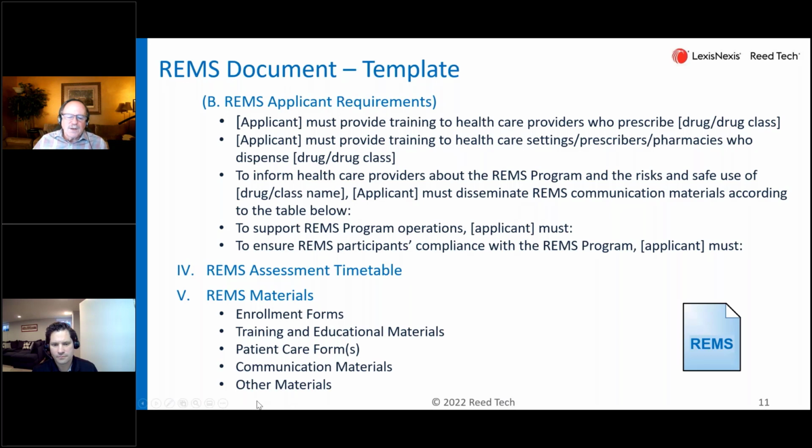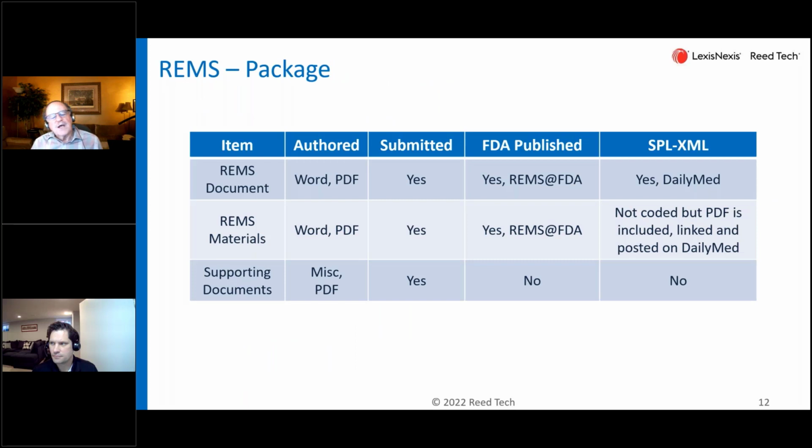So there could be a number of different materials there, digital, paper, all kinds of website information and so on. Now, if we want to just summarize the particular types of documents connected with the REMS, we have this REMS document, which is the plan itself, and typically that's authored in Word and then submitted in PDF.